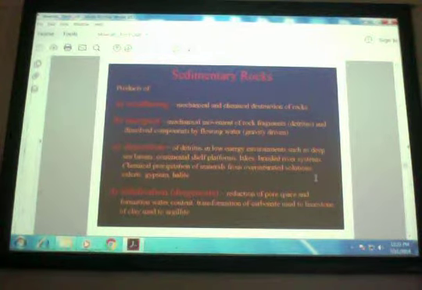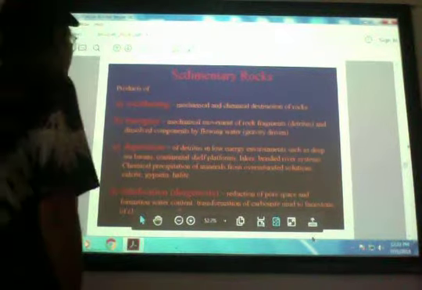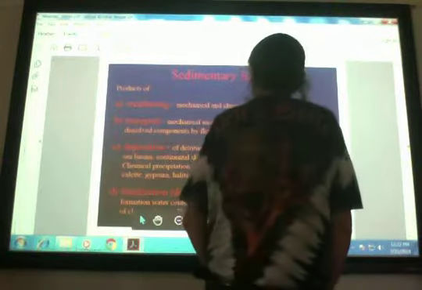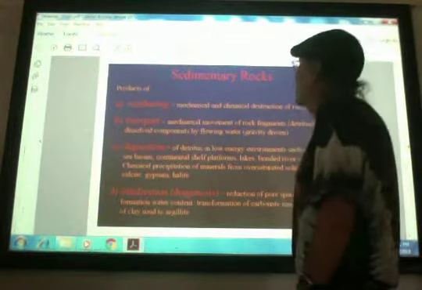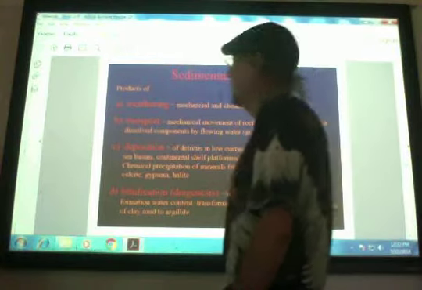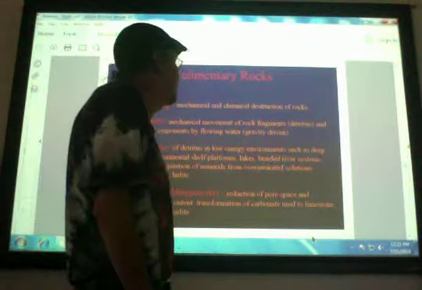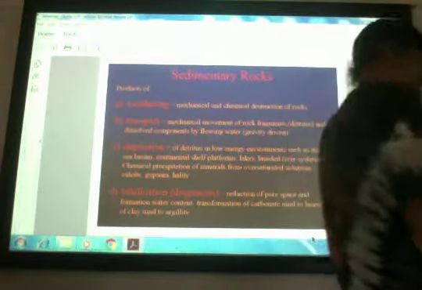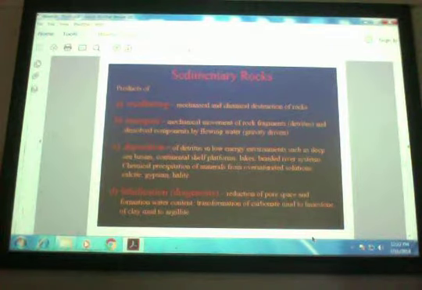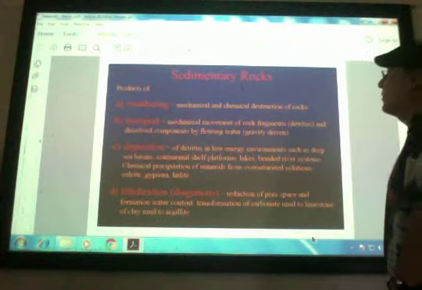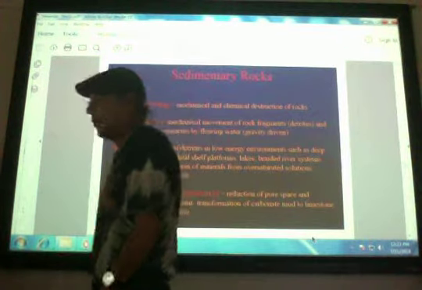So then the sedimentary rocks, you know this by now as well, are products of weathering. That means you have mechanical and chemical destruction of rocks. Then you have the transport, that is the mechanical movement of rock fragments, the detritus, and dissolved components by flowing water, and that is gravity driven.